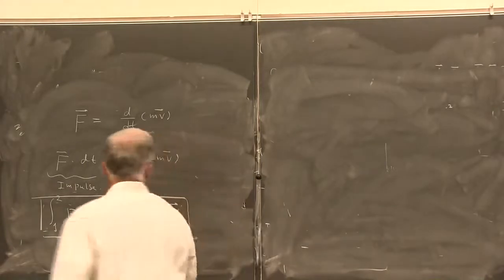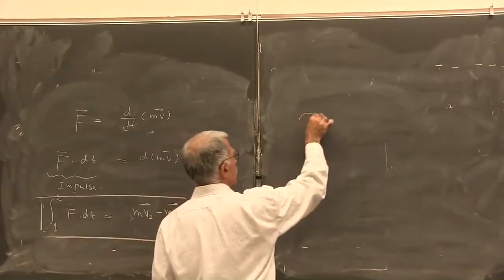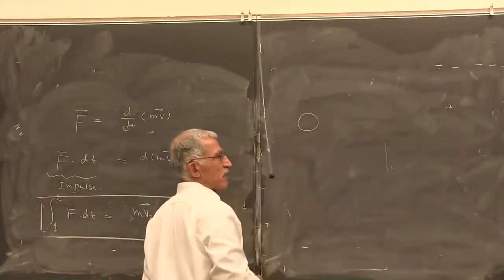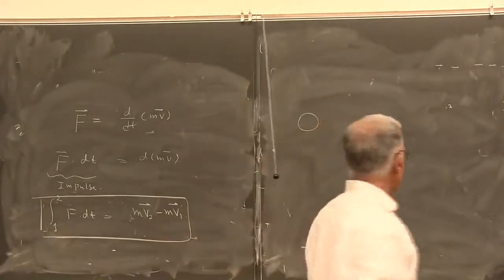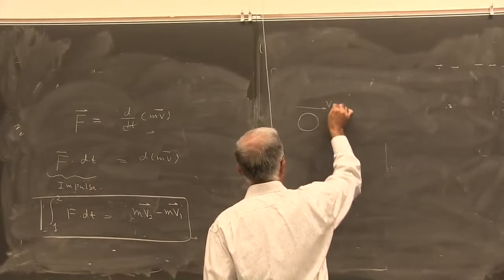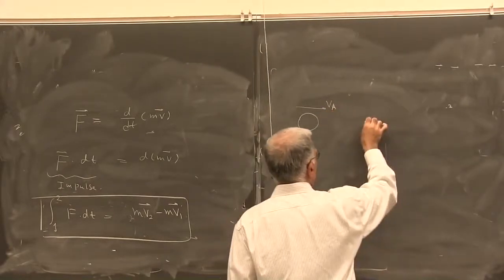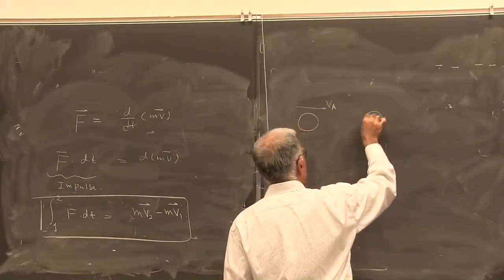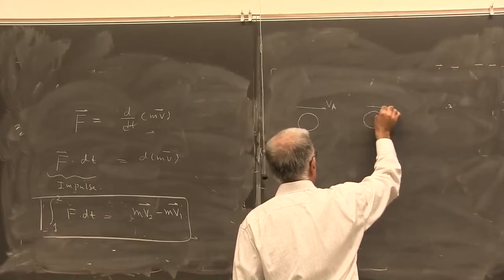So let's say you have a particle here, and this particle is going with a velocity va. Then you have another particle here going with a velocity vb.